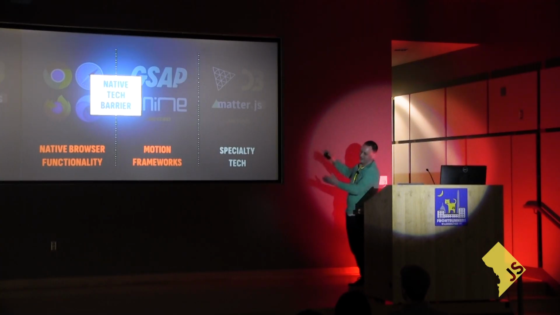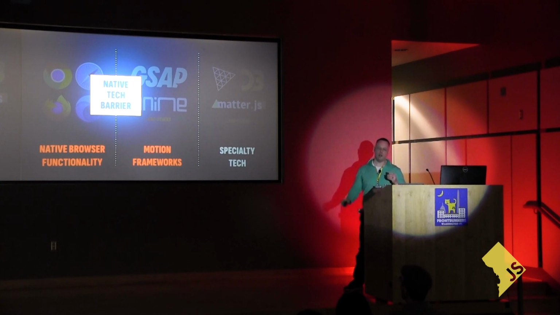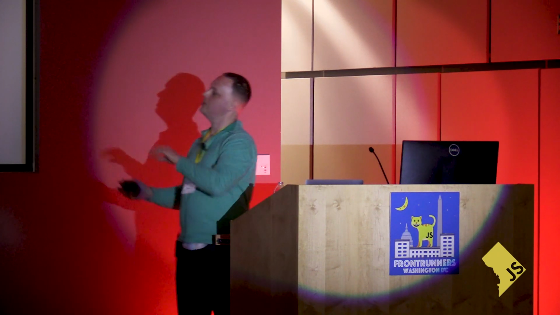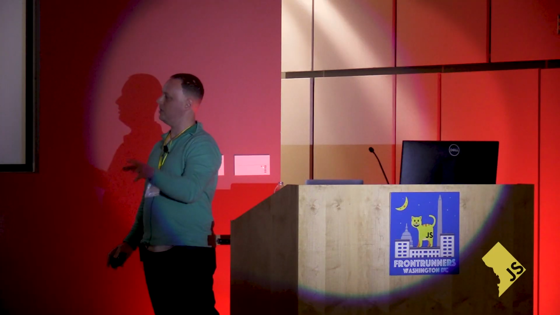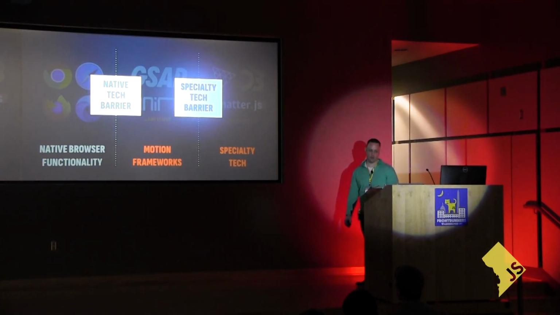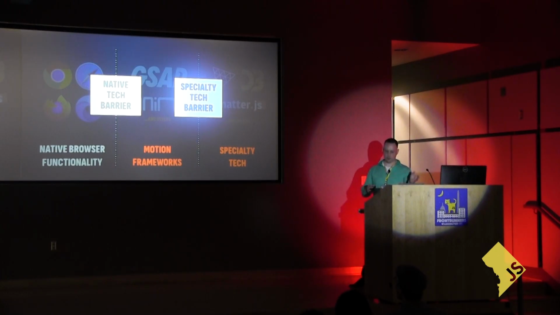This is actually a very exciting area. So these barriers are a little squishy. But there does come a point where there's something that you can't do. And that's what that barrier is. When you take from the browser and you're reaching into a general purpose motion framework like GreenSock, GSAP, Anime.js, Framer Motion. There's lots of them that exist out there. So that's our first barrier.